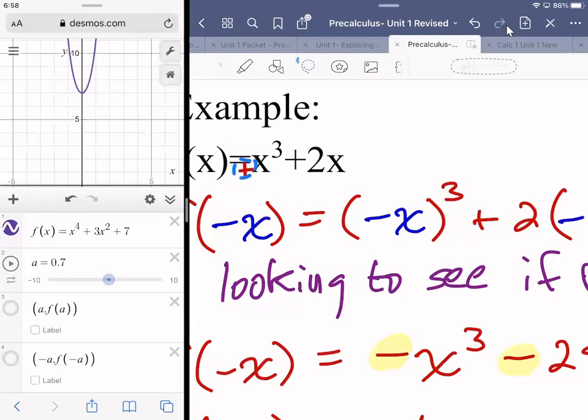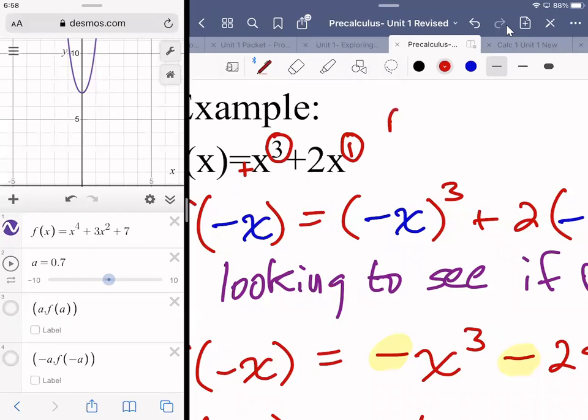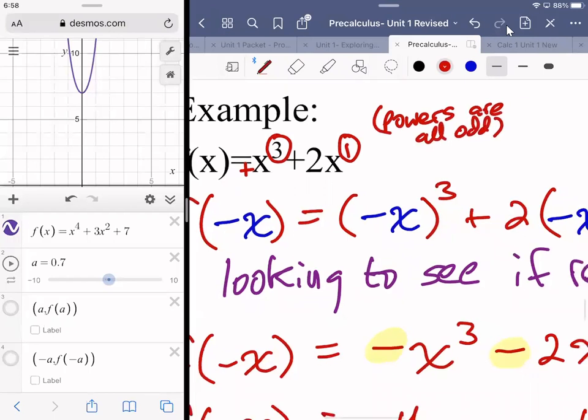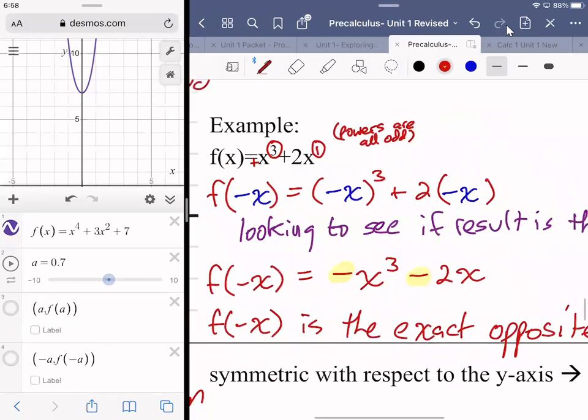Let me just get this plus sign out of the way. So the powers are 3 and 1. We have the power of 3 and we have the assumed power of 1. Powers are odd. So it's no surprise that we're looking at an odd function.